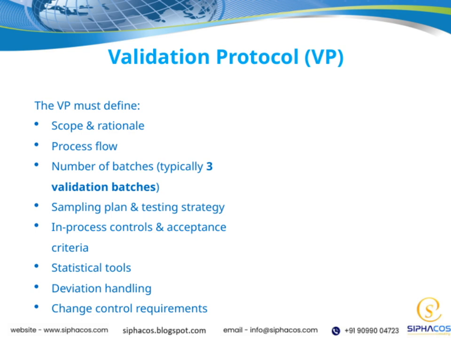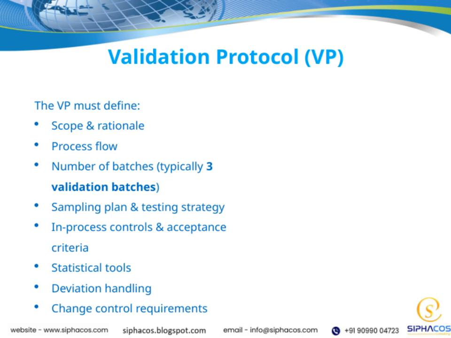This helps keep everyone on the same page and ensures consistency. Typically, we conduct around 3 validation batches, which allows us to gather sufficient data to confirm the process is reliable and reproducible. Along with that, developing a solid sampling plan and testing strategy is key. This defines how and when samples are taken and what tests are performed to verify quality.